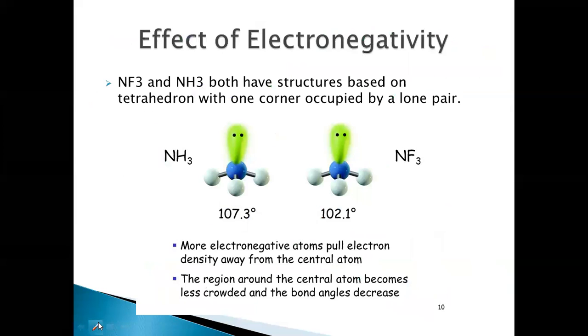One more thing I have to deal with. In the beginning of the video, I said that the shape of the molecule, that means the bond angle, is also decided by the electronegativity difference between the central atom and the other atoms.